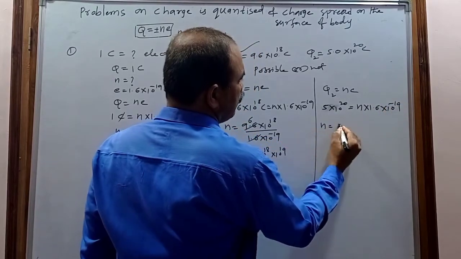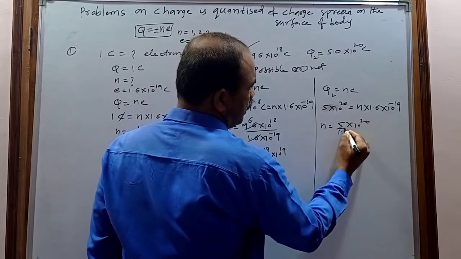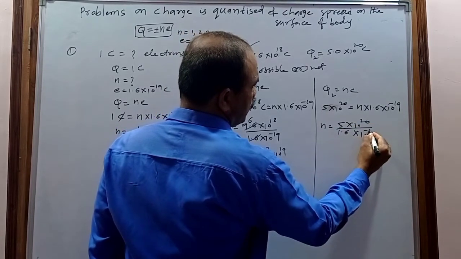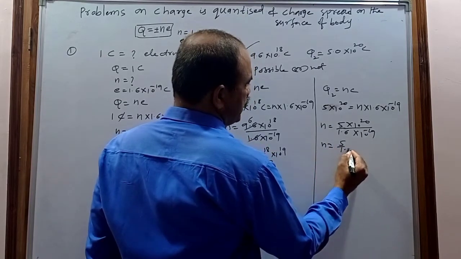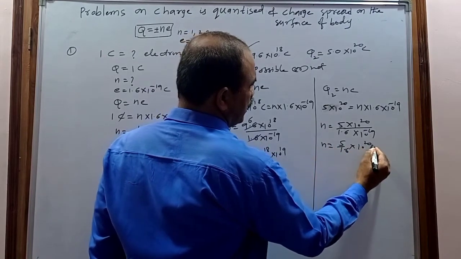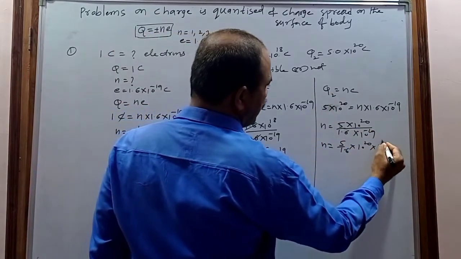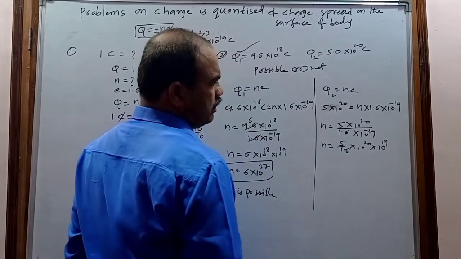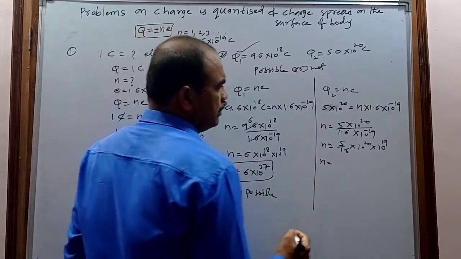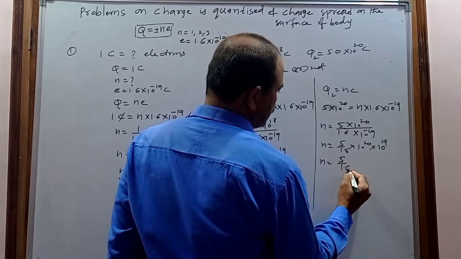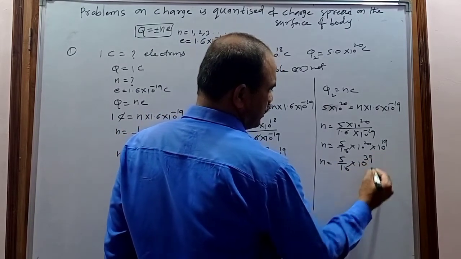So n = 5 × 10^20 / 1.6 × 10^-19. Bringing 10^-19 to the numerator, it becomes 10^+19. So n = 5/1.6 × 10^20 × 10^19, which is 10^39.